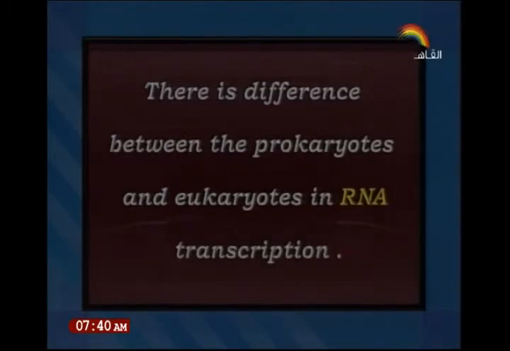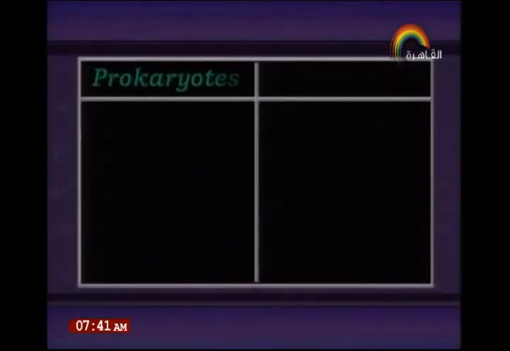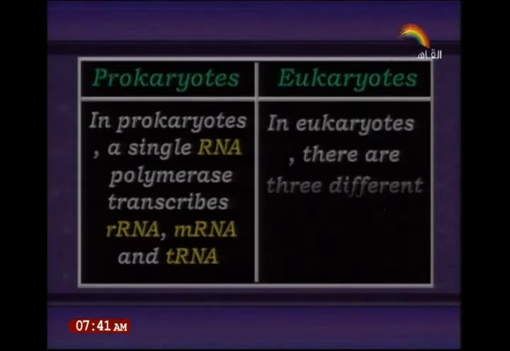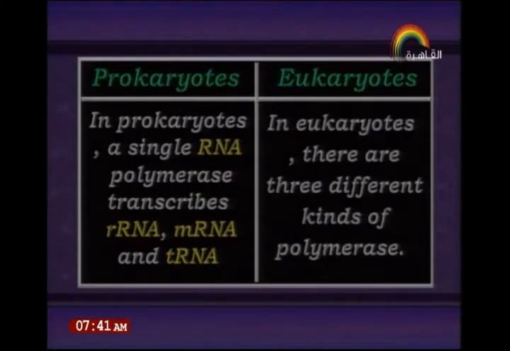There is a difference between the prokaryotes and eukaryotes in RNA transcription. In prokaryotes, a single RNA polymerase transcribes rRNA, mRNA, and tRNA. But in eukaryotes, there are 3 different kinds of polymerase.